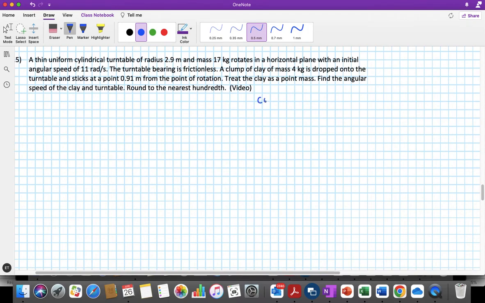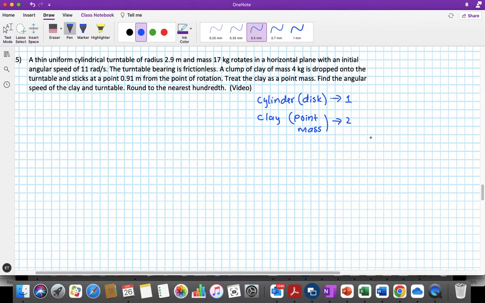A cylinder is also a disc, right? We'll use number 1 for that one. Now for the clay, we're told to treat it as a point mass. So point mass, and that one will be number 2.